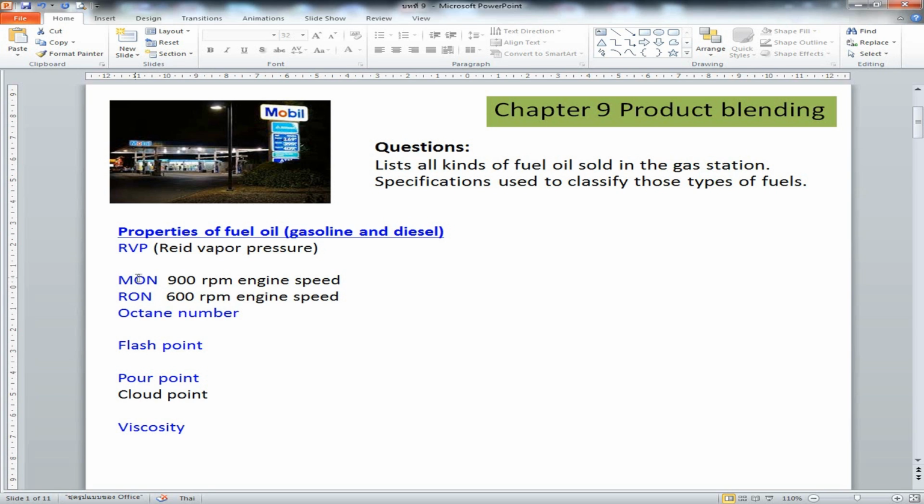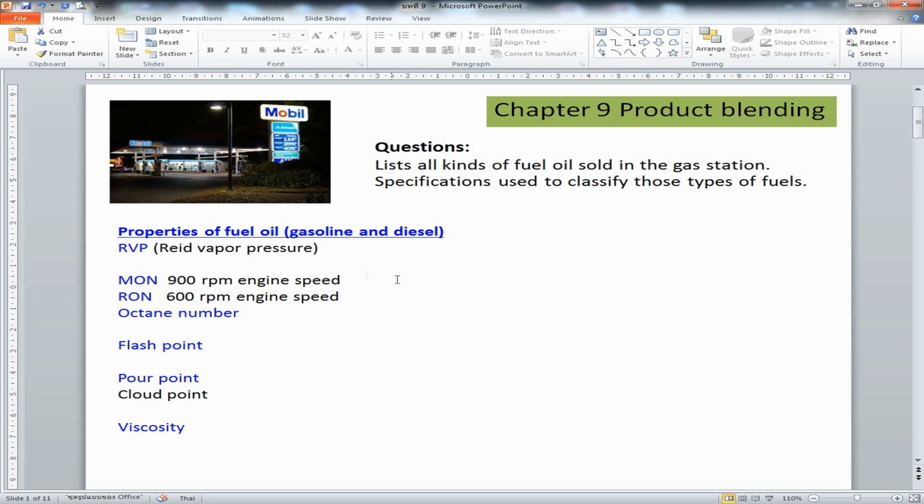Now let's go to the octane number. There are two kinds of octane numbers, starting with the motor octane number, which is measured at more serious operating conditions. And of course, this is the number obtained from the test run at 900 rpm engine speed.